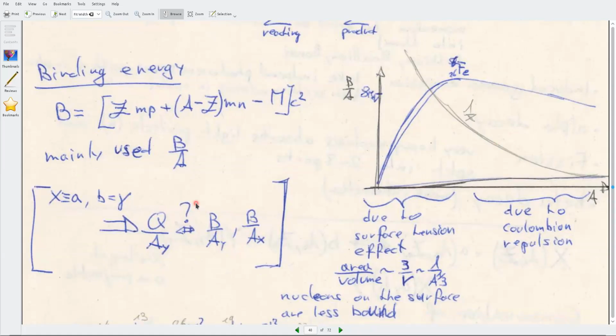If you have 2 identical particles fusing to get another one, with double the Z and A, you see there is a relation. There is essentially the difference among these two.